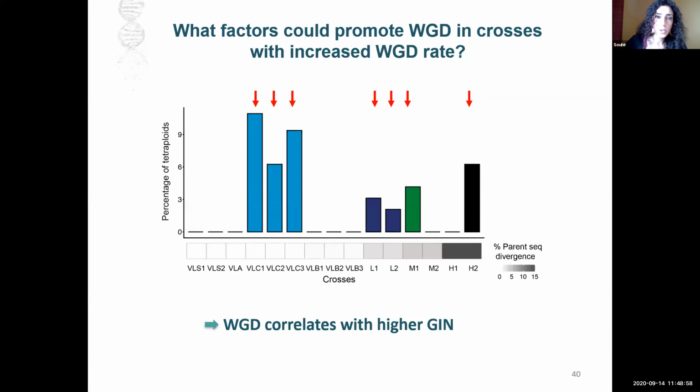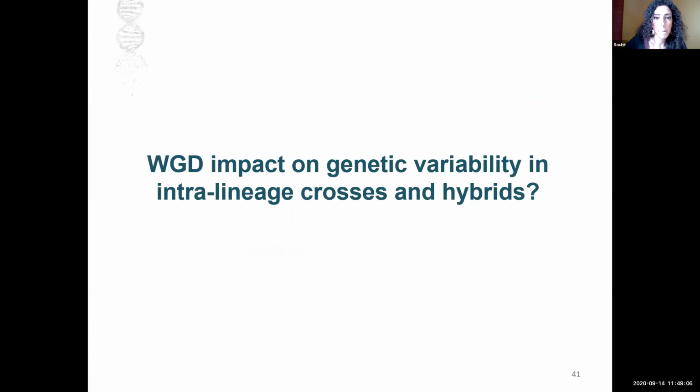So our results overall show that whole genome duplication correlates with higher genomic instability.